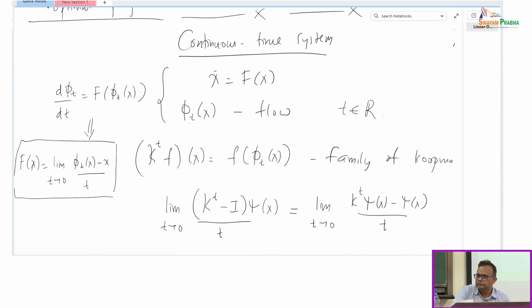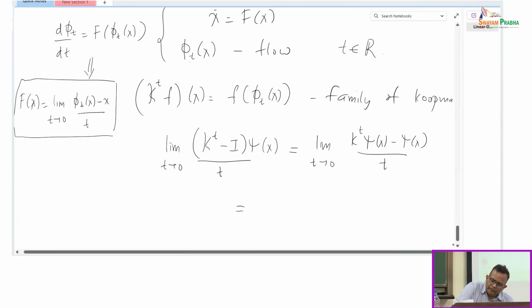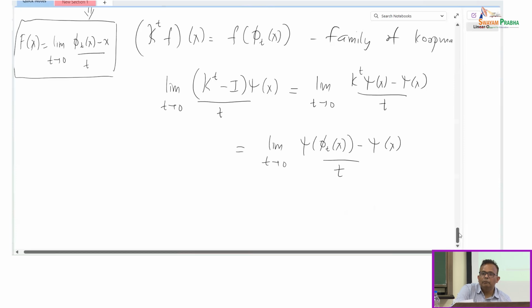Okay. It turns out the generator of kappa t is the limit as t goes to 0 of psi of phi t of x minus psi of x, divided by t. This is equal to, and now it depends on what notation you prefer.